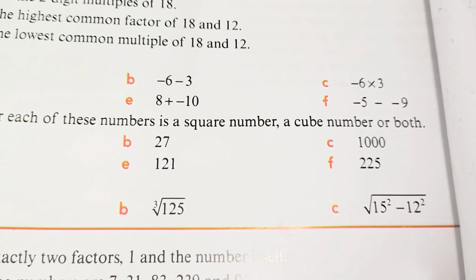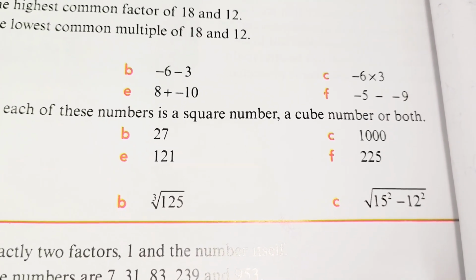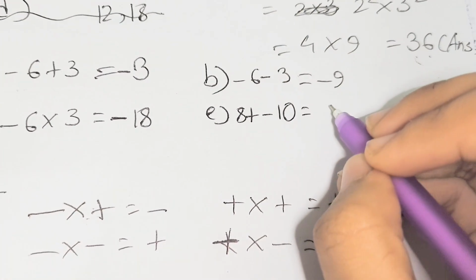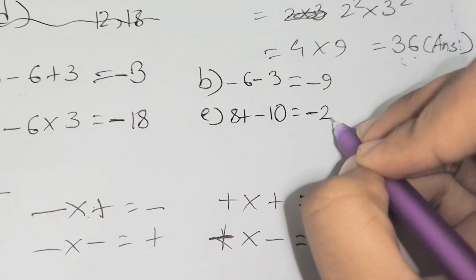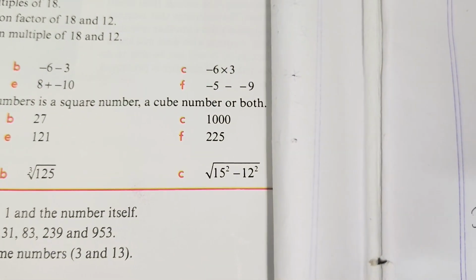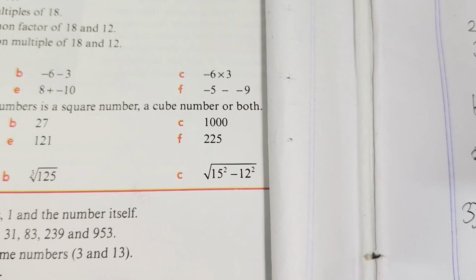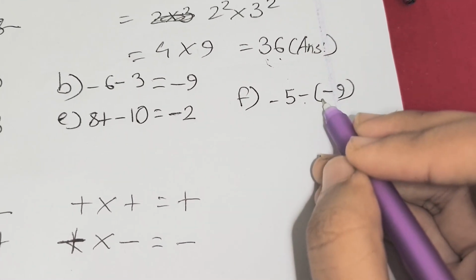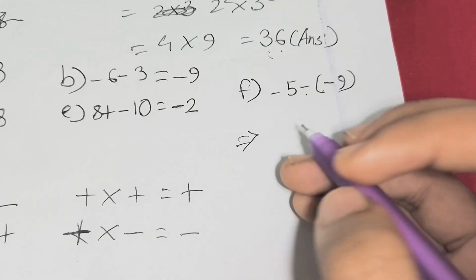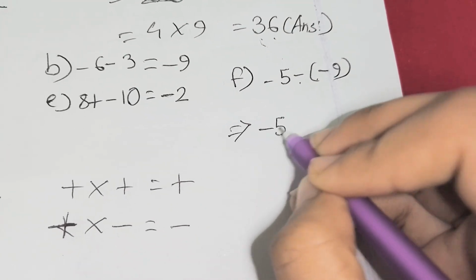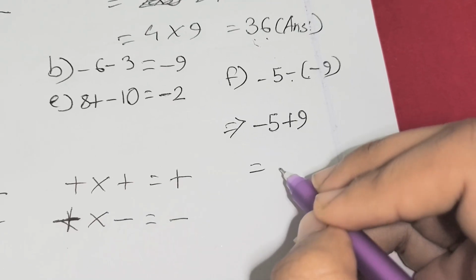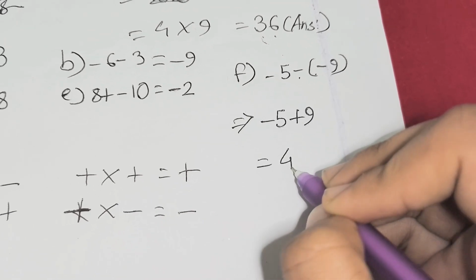In E, we have 8 plus negative 10, which gives us negative 2. And F is negative 5 minus negative 9. At first, we multiply the two minuses, which gives us minus 5 plus 9. Therefore, the answer should be 4.